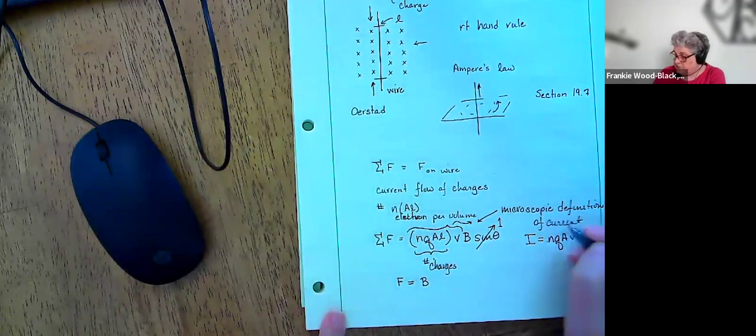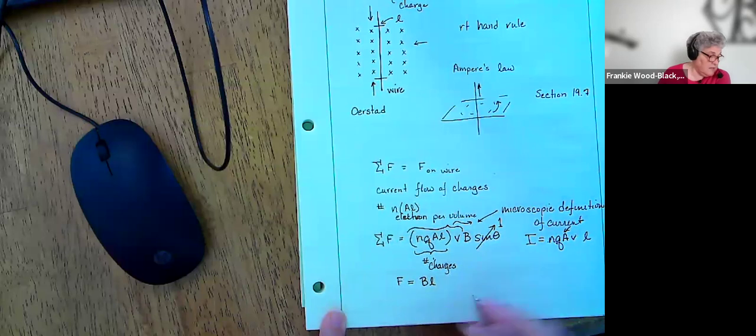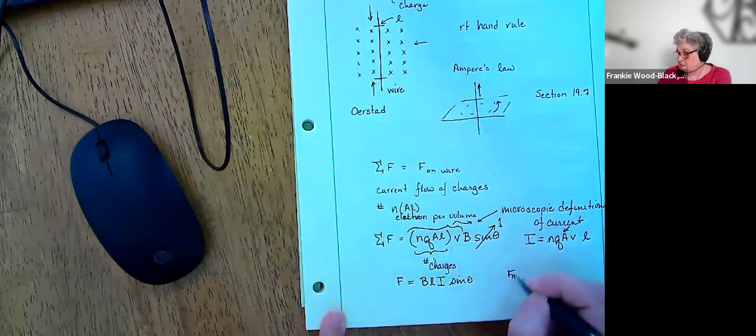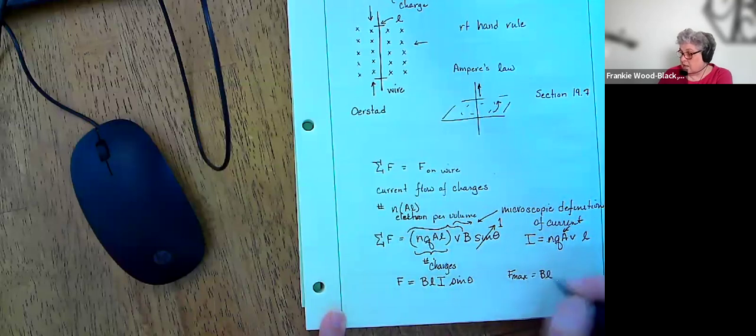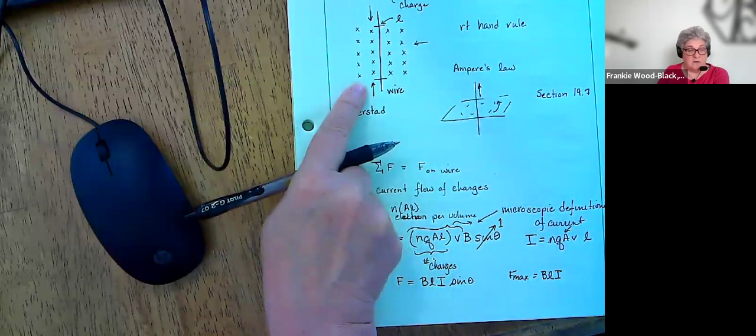And so now I get the length of the wire, the magnetic field, the length of the wire times my current, sine of the angle. So the maximum force is just going to be BLI, as I'm looking at a single wire in my magnetic field.